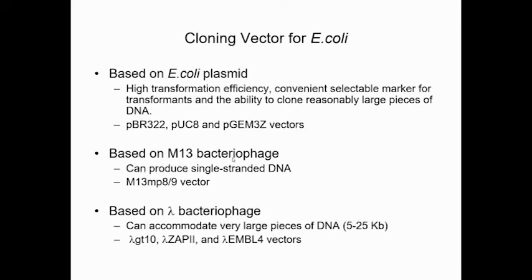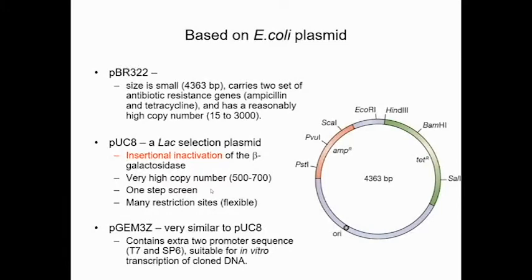The cloning vectors for E. coli: three different types, based on the E. coli plasmid, M13 bacteriophage and lambda bacteriophage. These are three very commonly seen vectors.